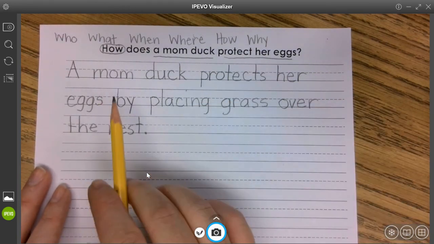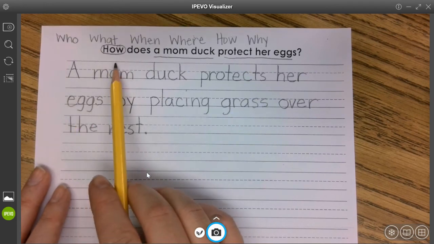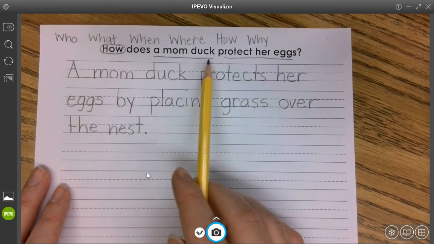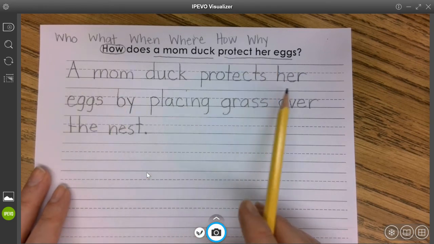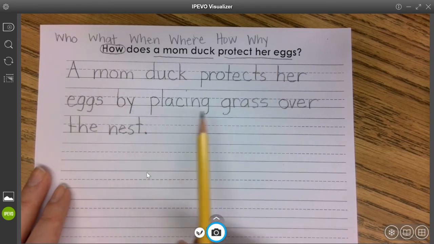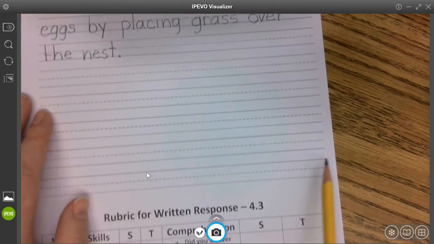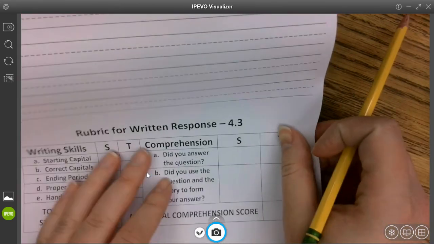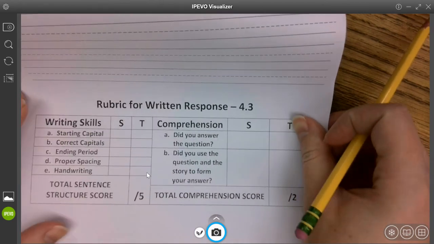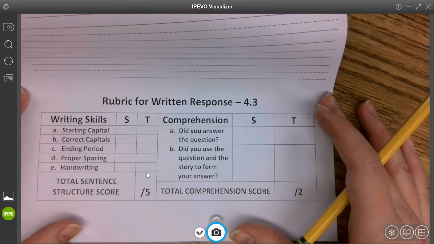So now let's make sure we answered the question all the way. How does a mom duck protect her eggs? A mom duck protects her eggs by placing grass over the nest. Do you feel like we answered the question all the way? Yes, I think we did. So down here, remember, we have these things that we want to think about each time we write one of these sentences.